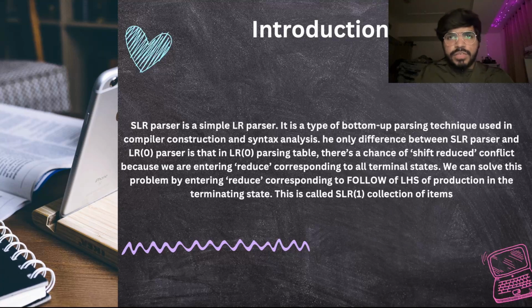These steps help to identify the possible transitions between the states. Goto operations determine the transitions between the states. This operation is crucial for building LR(0) sets, that is, canonical LR sets, and establishing the parsing table. Building the parsing table associates each state and lookahead symbol with the appropriate action, that is, shift, reduce, or accept. And all this will now be discussed by my other team members.